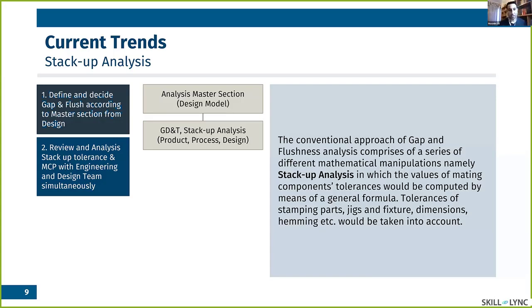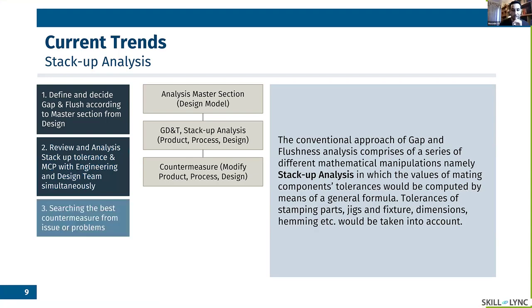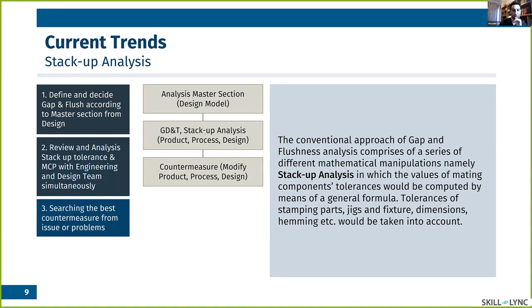Here in this stage, we do the GD&T and stack-up analysis of the product, and we would define the process and the design procedure. After that, we do the countermeasures. I mean that if we are faced with different problems and difficulties with regard to the gaps and flushnesses, we would think about the best countermeasure for those issues.